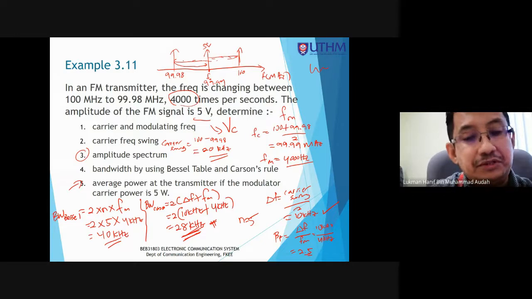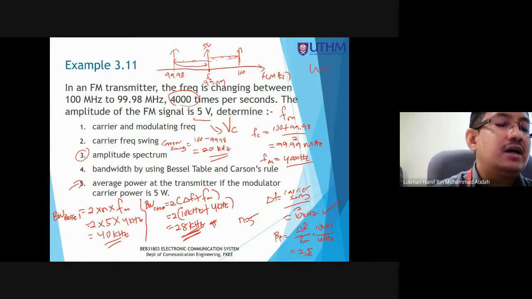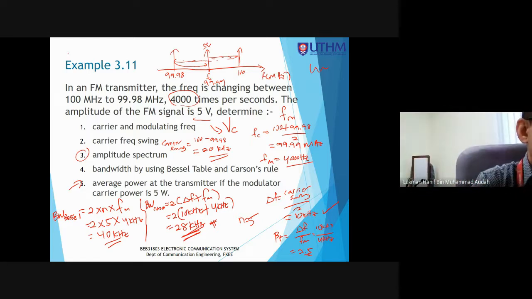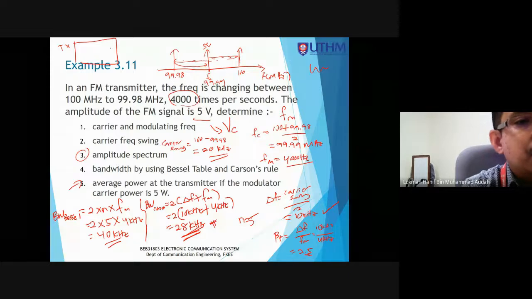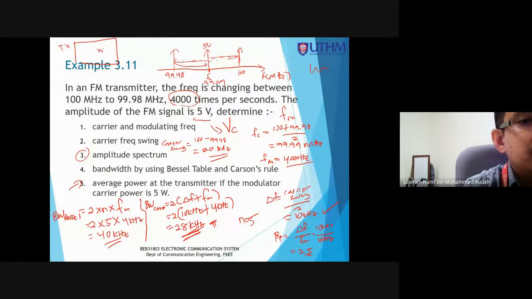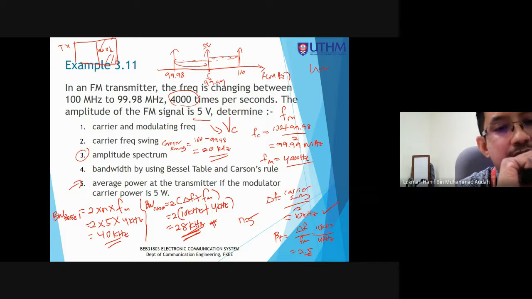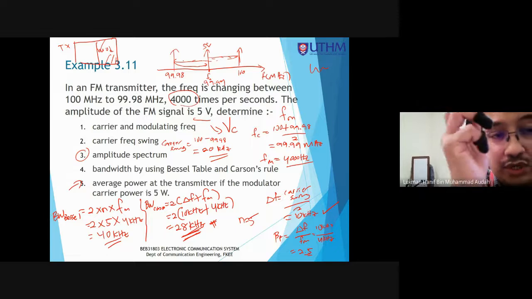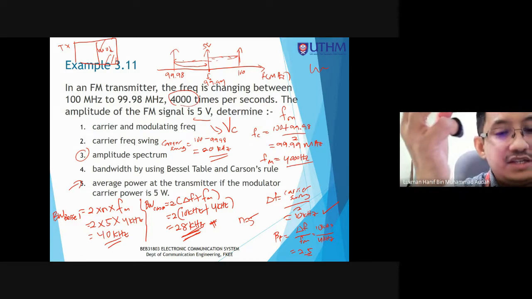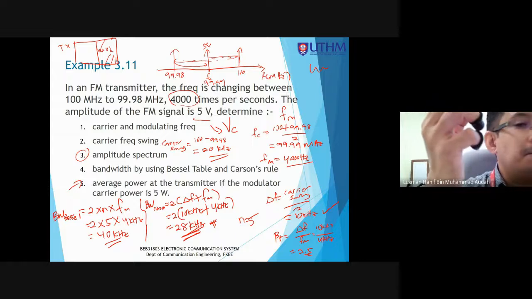Remember, in the transmitter there is a modulator. If I draw, let's say this is a transmitter, and within the transmitter we have a modulator. Part of this transmitter is the modulator. It is said that the modulated carrier power is equal to 5 watt.